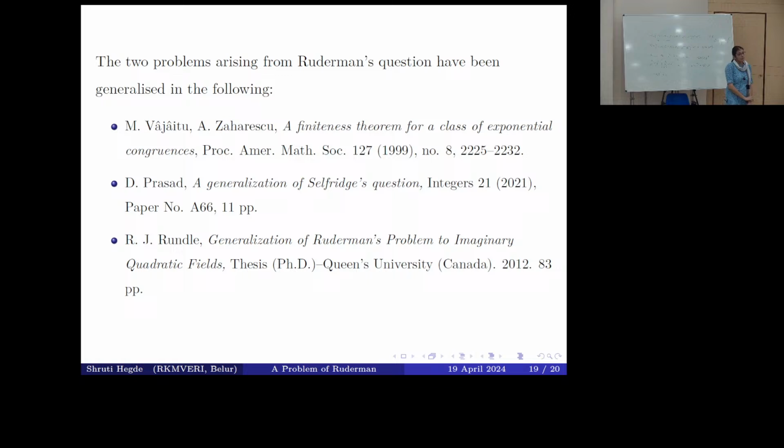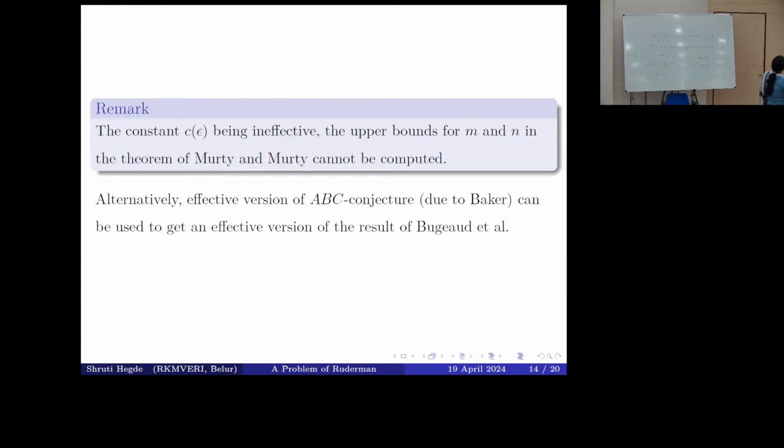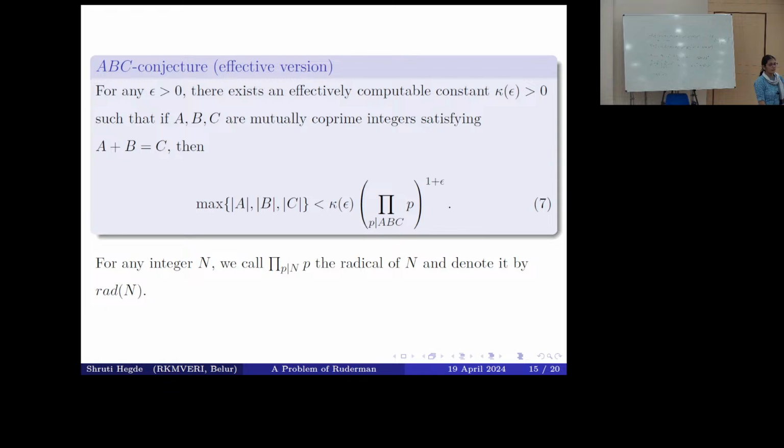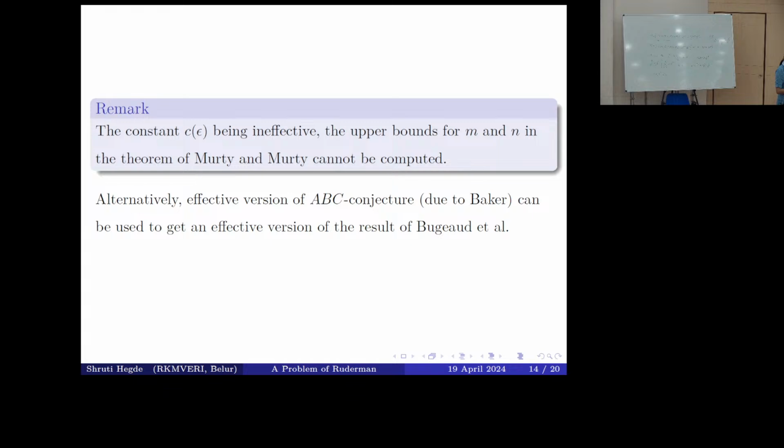It's an effective version of the ABC conjecture. K, kappa, epsilon should be computed. What is the effectiveness? This is usual, sir. Baker's version they have used, and from that they derive this. But what is the K, kappa, epsilon? There is some dependence.